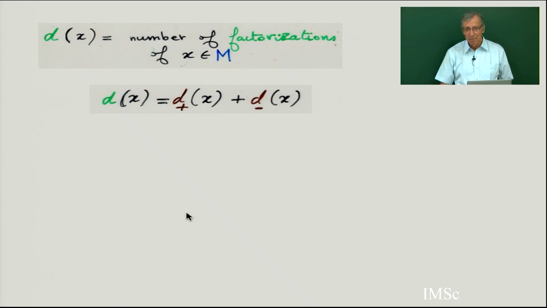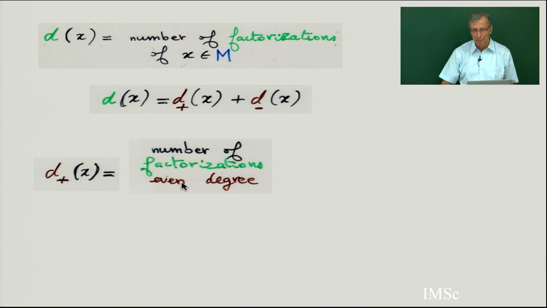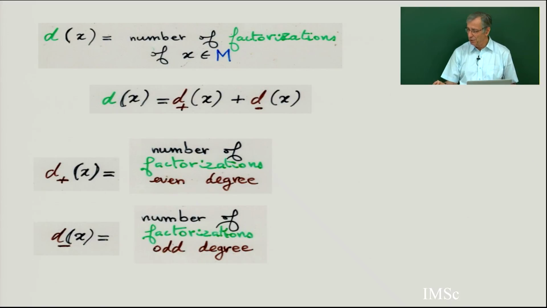Let's call d of x again a function in the incidence algebra: d of x is the number of factorizations of x in the monoid M. I write d as the sum d plus plus d minus: d plus is the number of factorizations with even degree, and d minus the number of factorizations with odd degree. I separate them, and d is of course the sum of these two functions, which exist because there is a finite number of factorizations for any element.